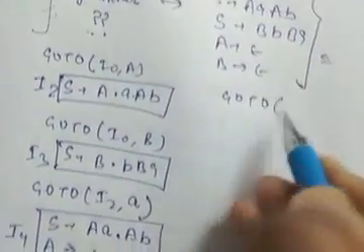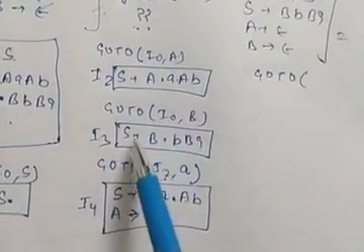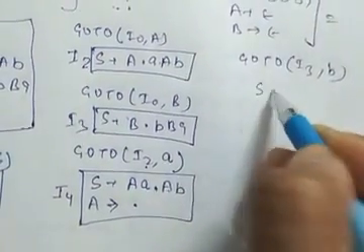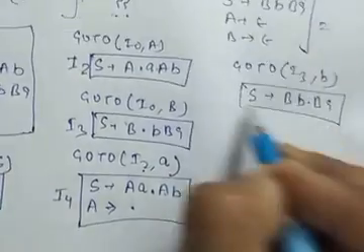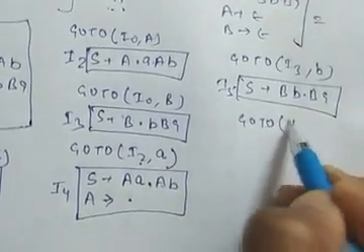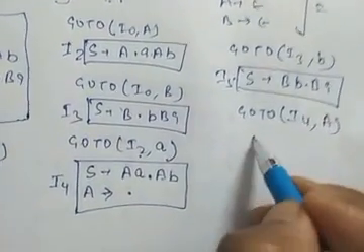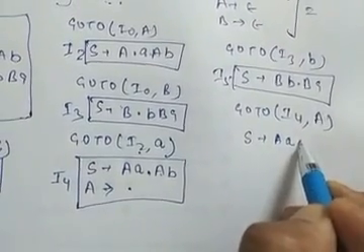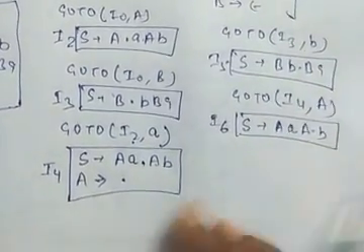Next we will find goto I3 of B, and it will become S to B B dot A, and it will be I5. Now we will find goto I4 of A. It will become S to A A A dot B, and it will be your sixth item.